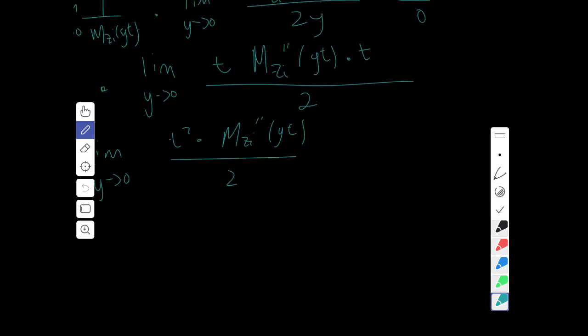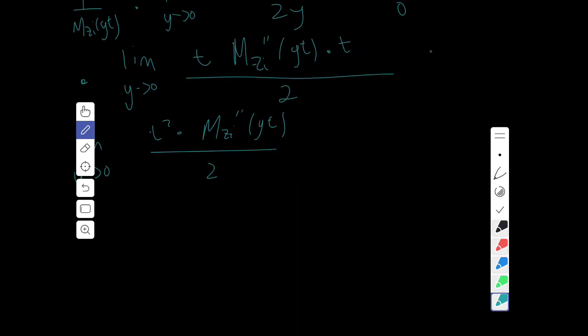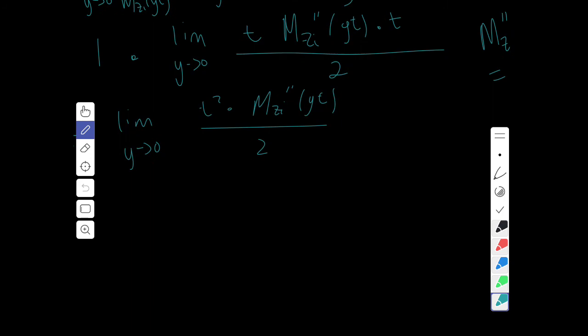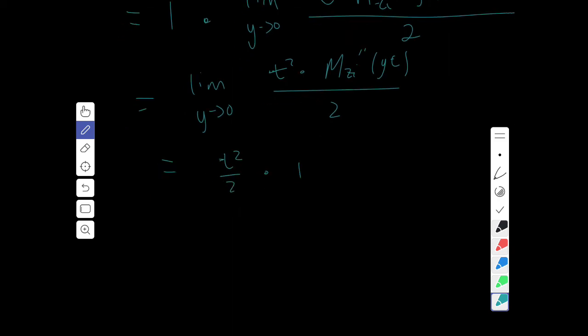Using our tips and tricks from earlier, when we take the moment generating function, take the second derivative and evaluate it at 0, that's equal to 1. So as y goes to 0, this moment generating function goes to 1. This t squared over 2 part doesn't depend on y, so that's t squared over 2 multiplied by 1, which is t squared over 2.